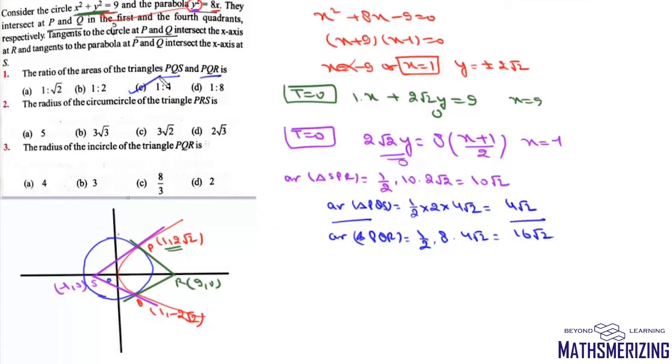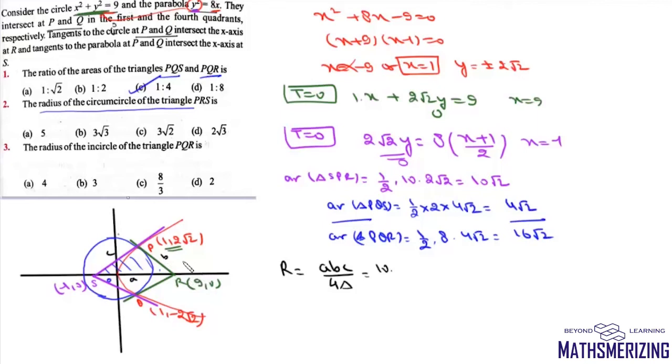Now second question is, we need to find radius of circumcircle of triangle PRS. So for this triangle, we need to find radius of circumcircle. We know that radius of circumcircle is ABC upon 4 delta. Suppose this length is A, that's B, and that's C. So A is 10, and what's the value of B?